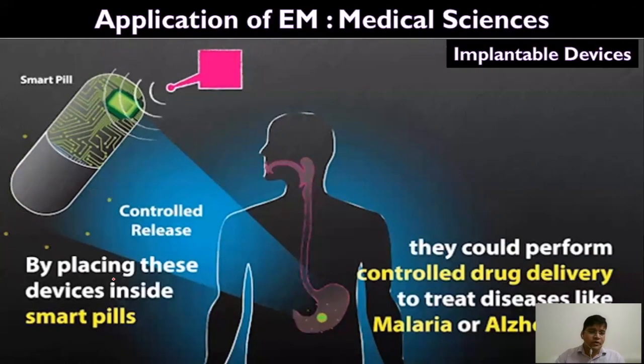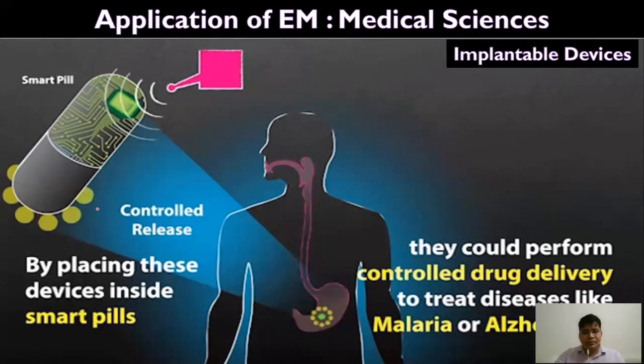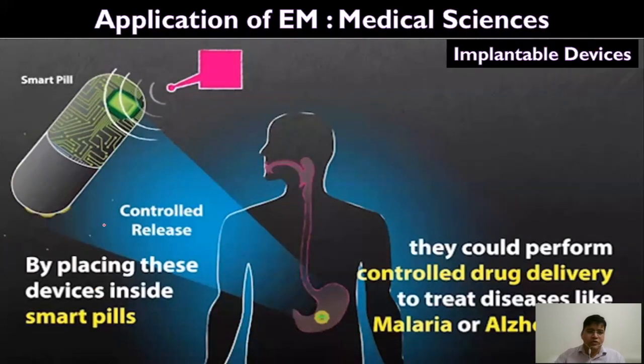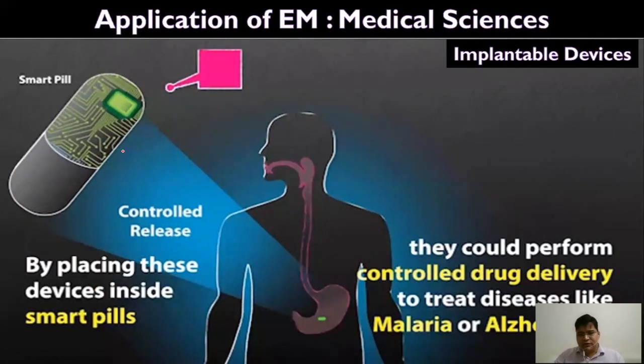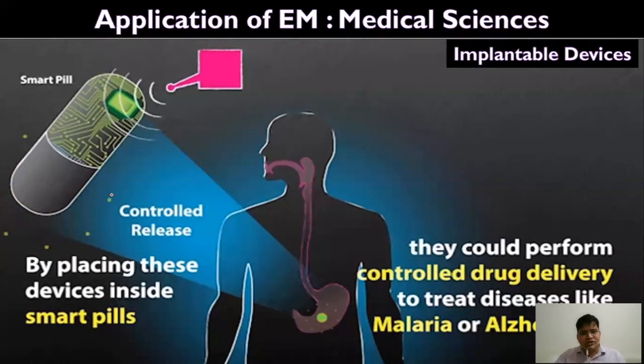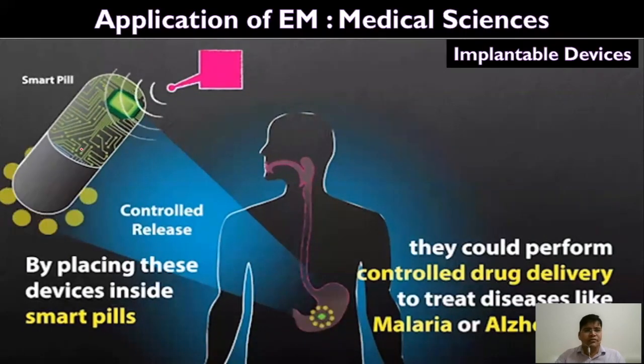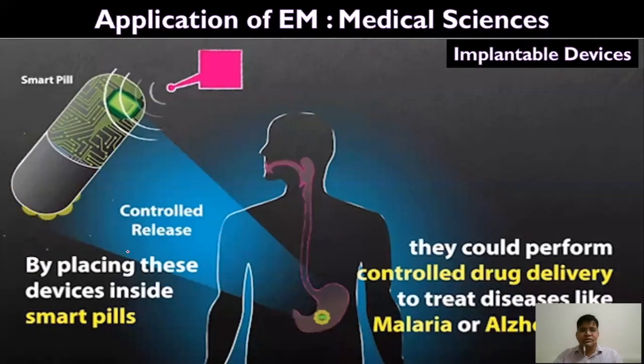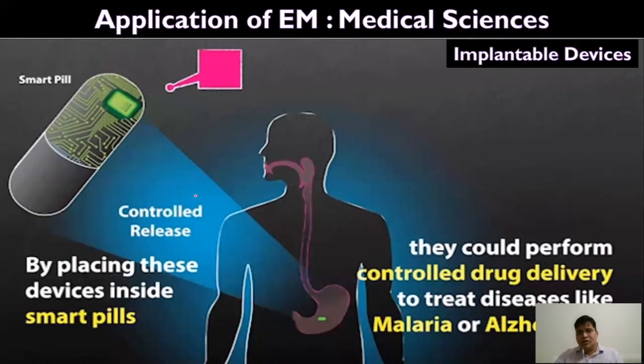In such devices, smart pills are being used. MIT researchers were involved in this research, and they developed smart pills which don't use battery parts. I showed this in the previous slide.